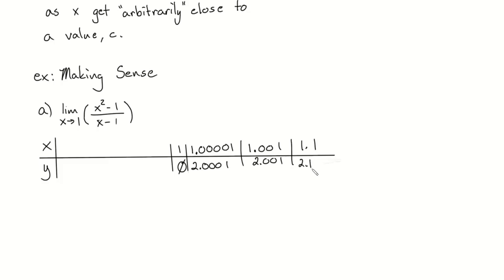Okay. From only 3 points, as we look at this, as I get closer to a value of 1, which means I'm coming from the right here, I was at 2.1, I was at 2.001, and now I'm here. What would you say as I get arbitrarily close to plugging in a true 1, the y values get arbitrarily close to? It looks like 2, right?